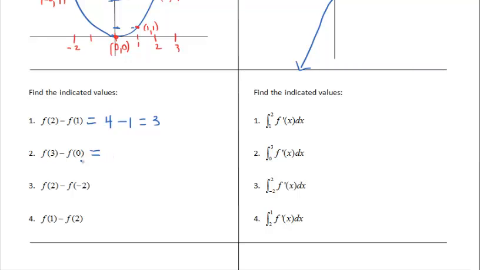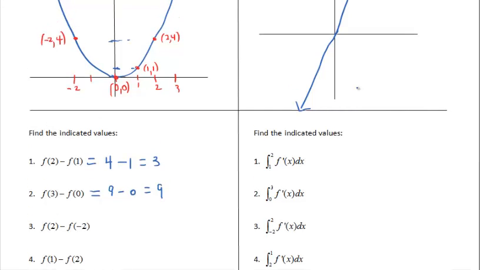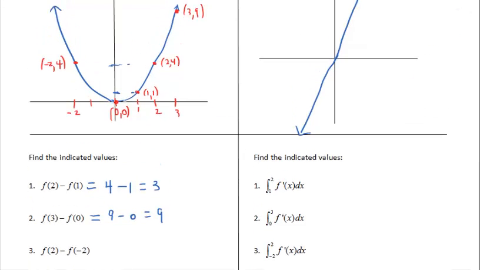What's the change in the two y values when x is 0 and x is 3? Well, 9 minus 0 is 9. A graphical representation is you're looking for the change vertically between this point and this point right here.